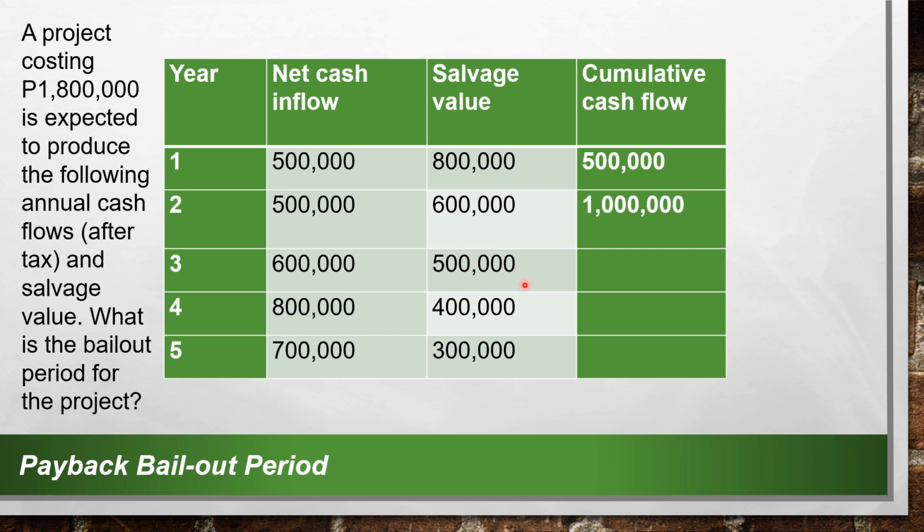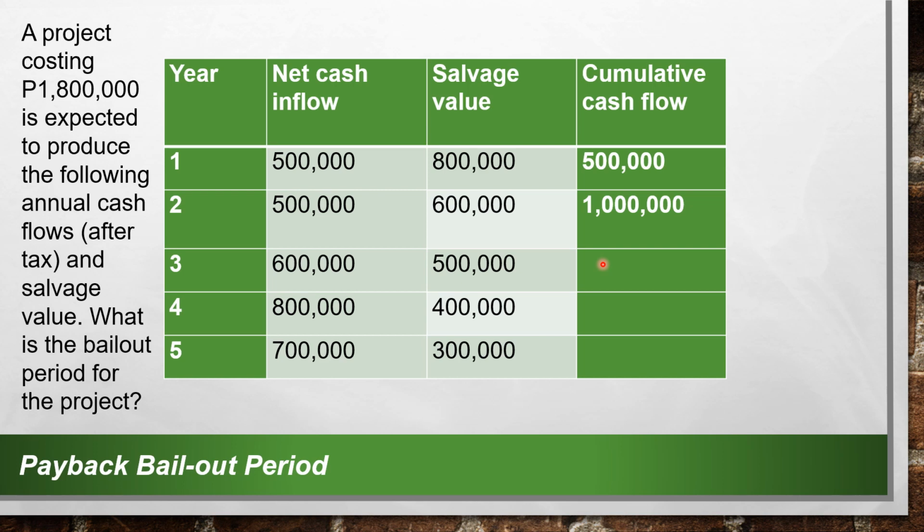So remember that if only a fraction of the year is needed, we add the salvage value. Okay, so the cumulative earnings last year 1 million plus the salvage value for the current year 500,000. So 1 million plus 500,000, we get 1.5 million for the year 3.